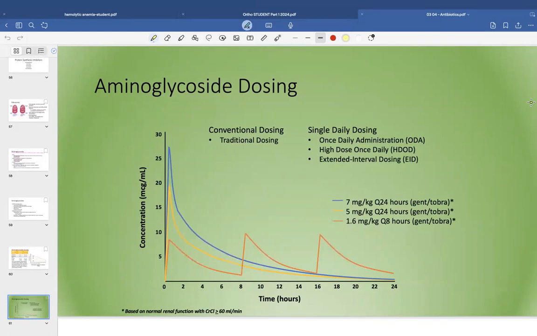So here, a once daily aminoglycoside regimen would give an infusion at time zero, maybe double or even triple the dose that you would give otherwise. Get that high peak within an hour of stopping the infusion. And then as your kidneys clear it, blood levels go down. But because of the post-antibiotic effect, its bactericidal activity will continue throughout the dose.